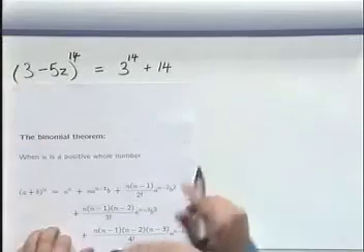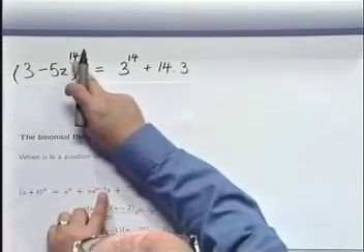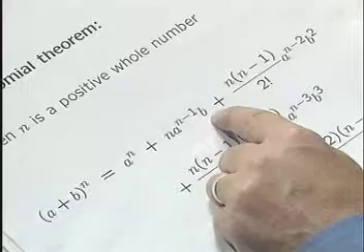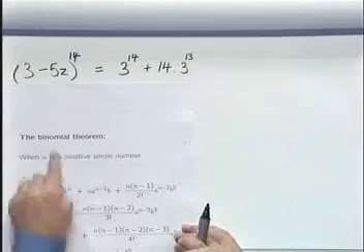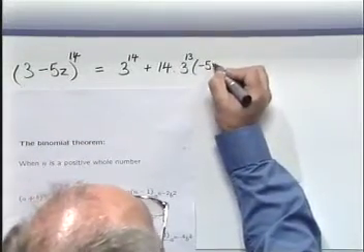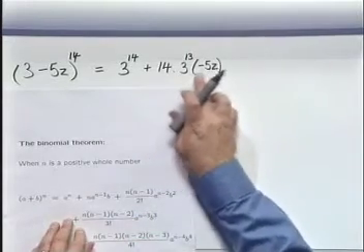A is 3, and we want to raise it to the power n minus 1. 14 minus 1 is 13, and we want a b. B is minus 5z. So our second term, looking ahead, is going to be negative because of that minus 5 in there.